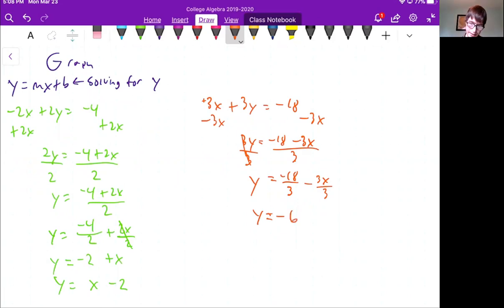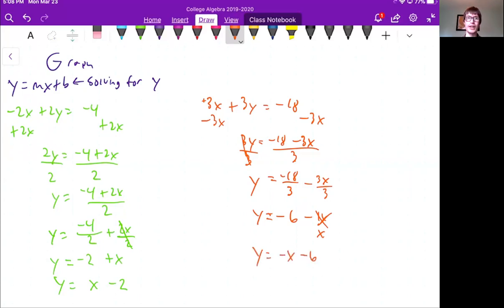And then minus 3x divided by 3: 3 divided by 3 is just 1, so that's just minus x. We need to write this in the proper form where x comes first, so we'll write y equals minus x minus 6.